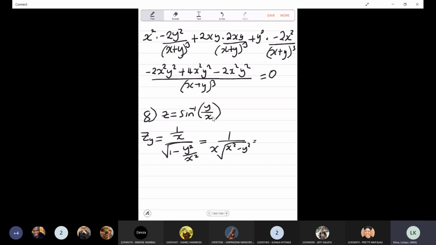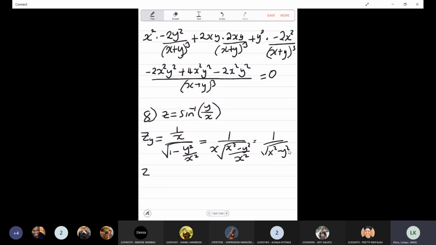So this is y squared over x squared, and the x squared here can go outside and it'll cancel with this x. So I'm left with 1 over the square root of x squared minus y squared. That is my derivative. So try and simplify as far as possible because you still need to differentiate this.